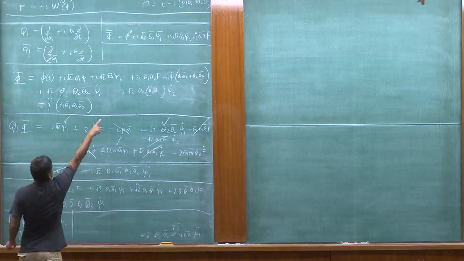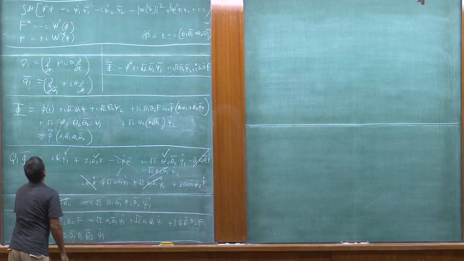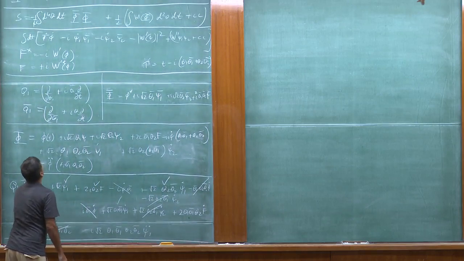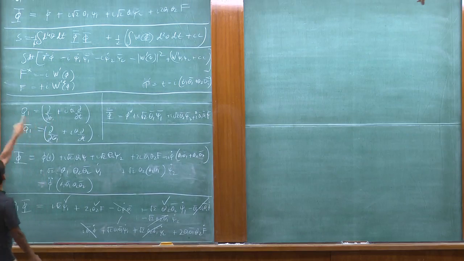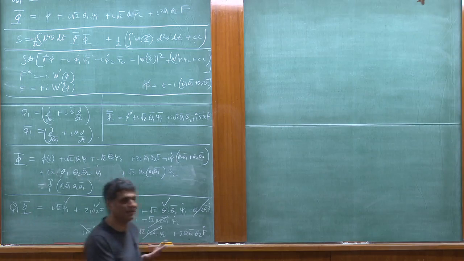In that expansion, the first expansion on the board, there's one place where we've broken the symmetry. The 1-2 symmetry. Exactly. Theta 1, theta 2 is minus of theta 2, theta 1.